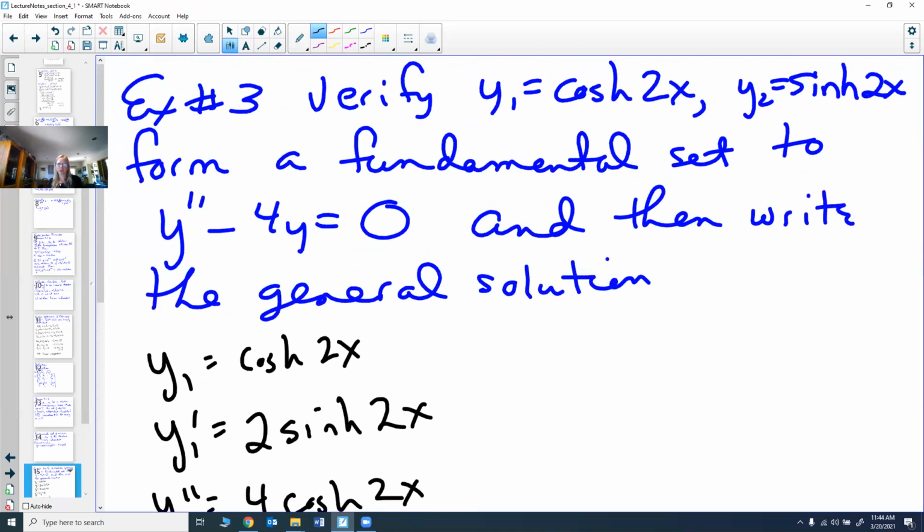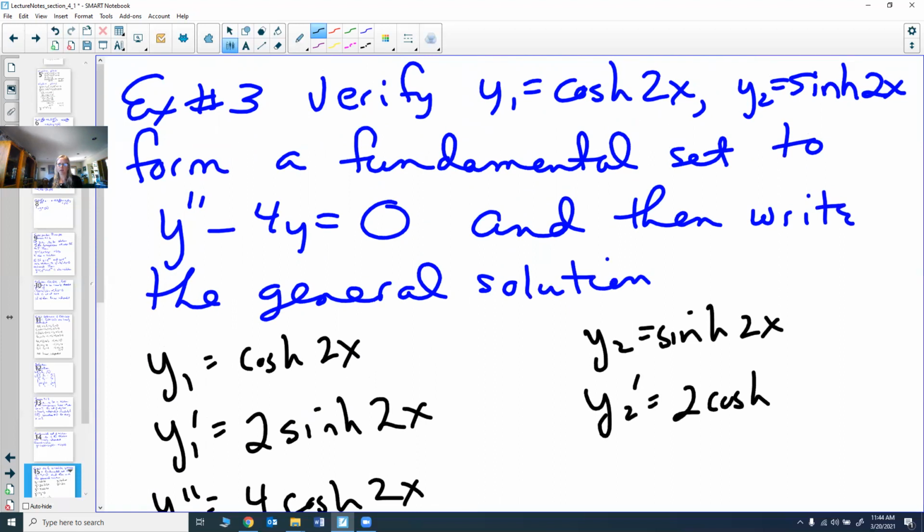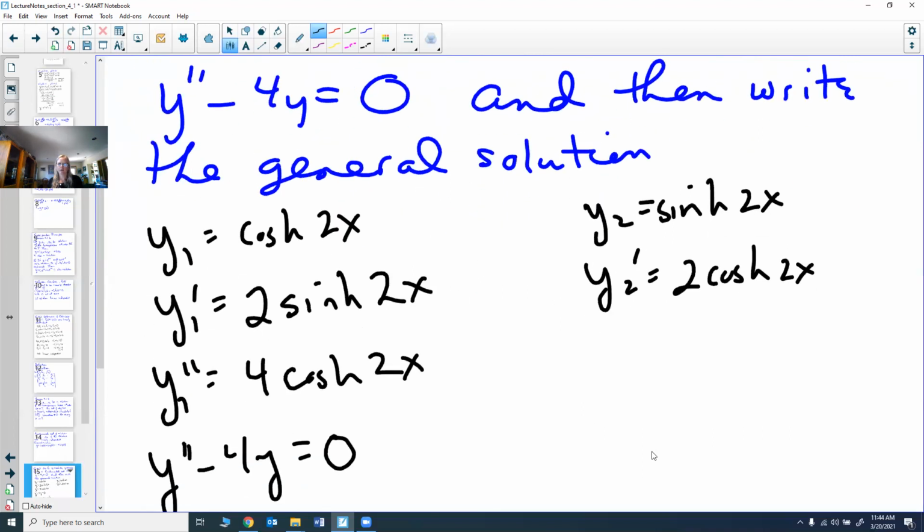y2 is the sinh of 2x. Again, the derivative of sinh is cosh. So we have 2 times the cosh of 2x because you're doing the chain rule there. And then the second derivative, the derivative of cosh, of course, is sinh. So it's 4 times the sinh of 2x.